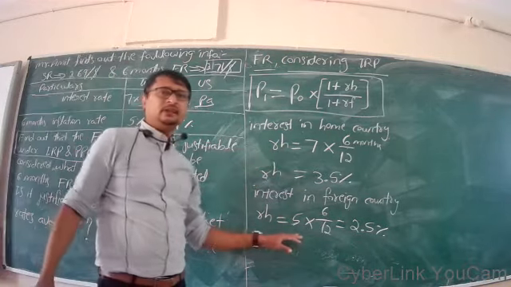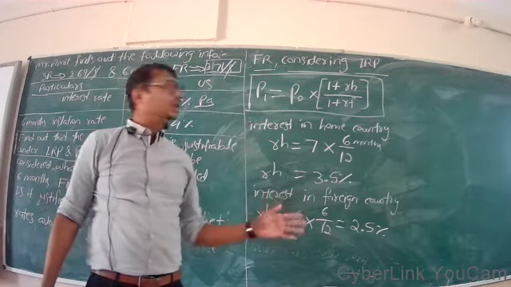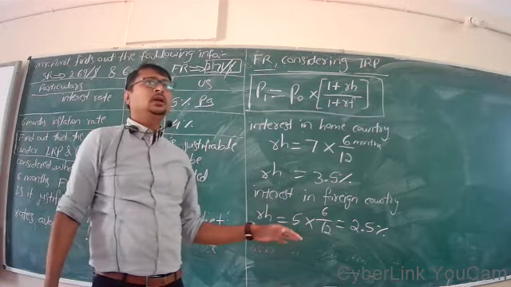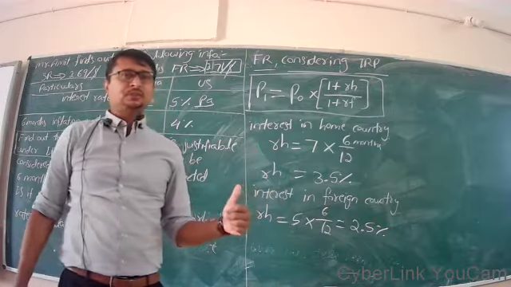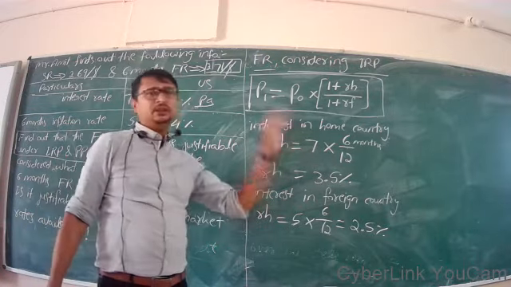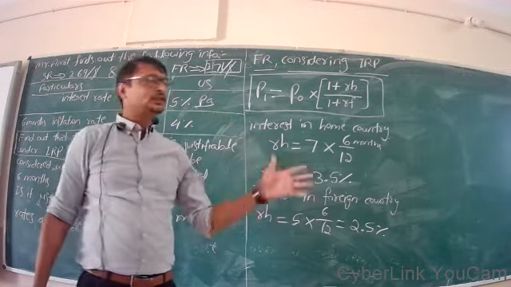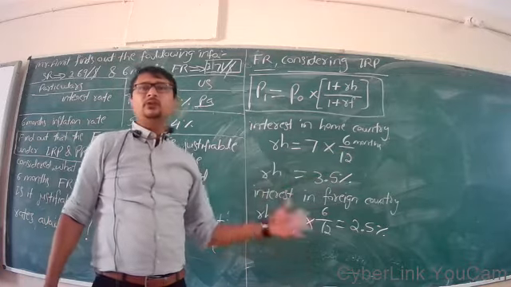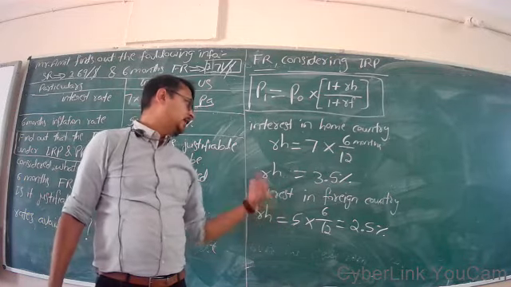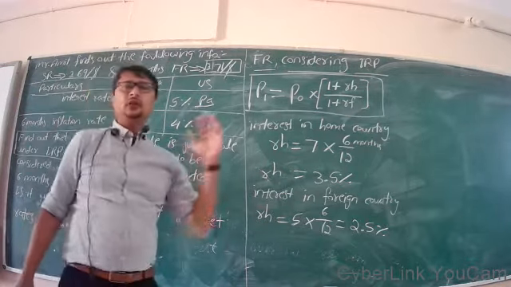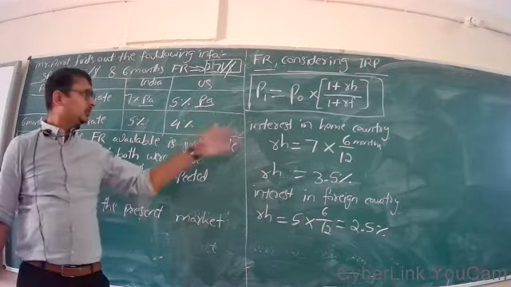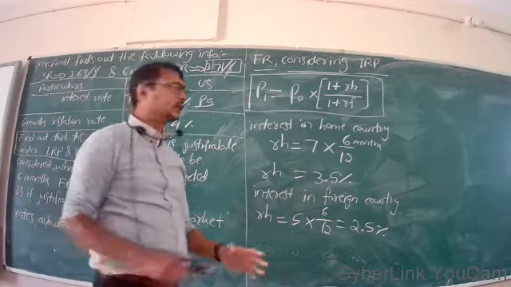Why are we calculating this? Because 7% and 5% are for a year, per annum. We need the interest rate only for 6 months. So if you are paying 7% for the whole year, for 6 months you are going to pay only 3.5% in India. As well as in the foreign country, that is in US, if the 5% is for the entire year, then for 6 months you are paying 2.5%.